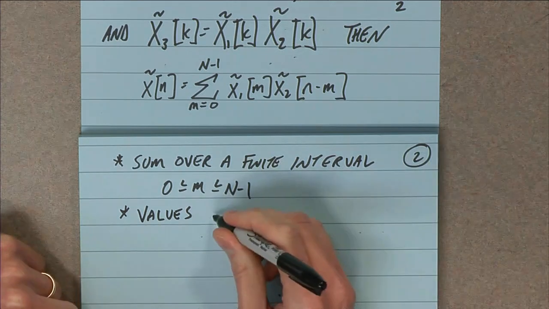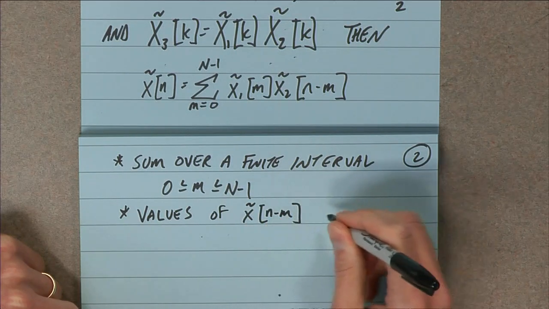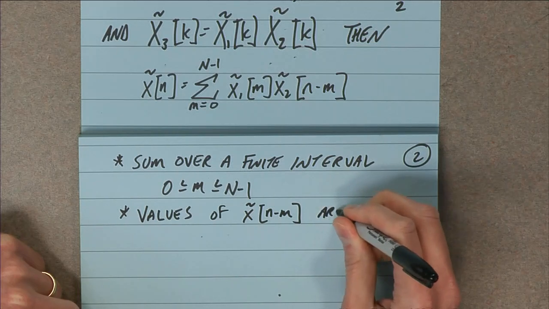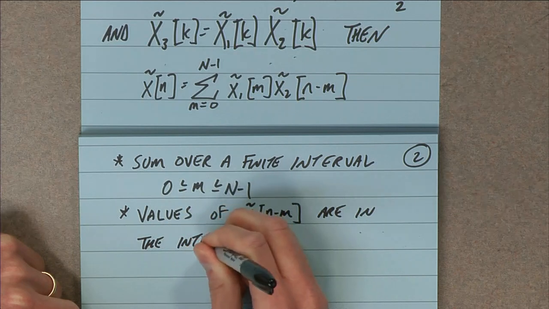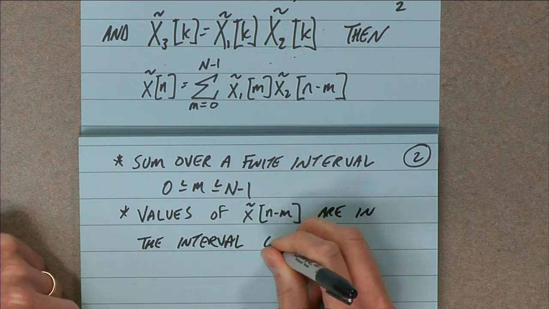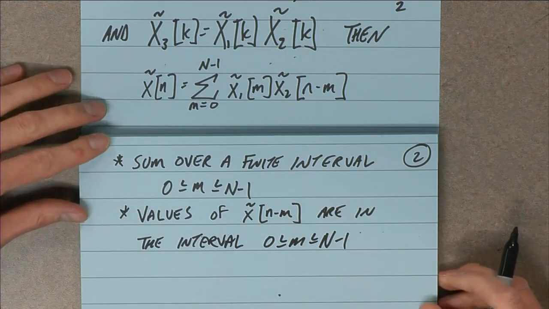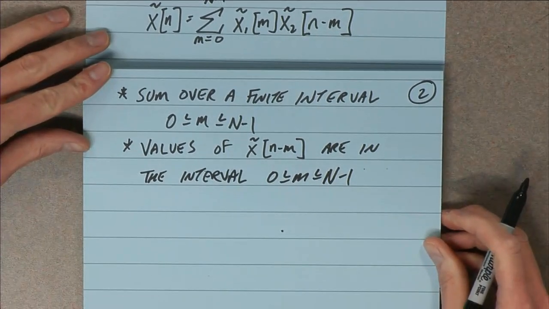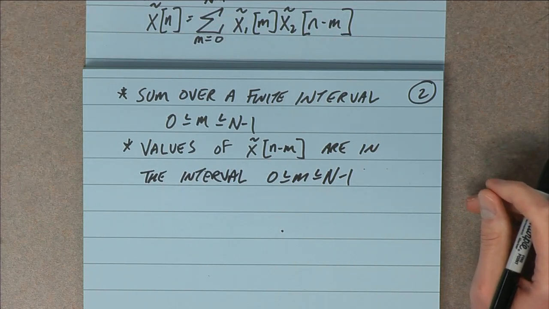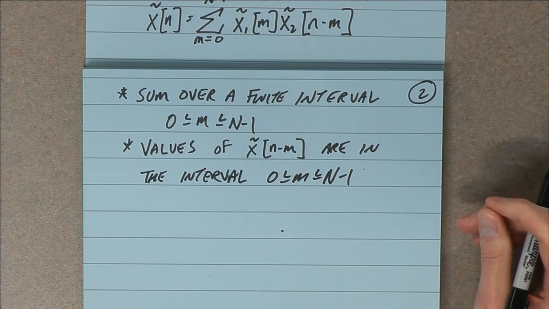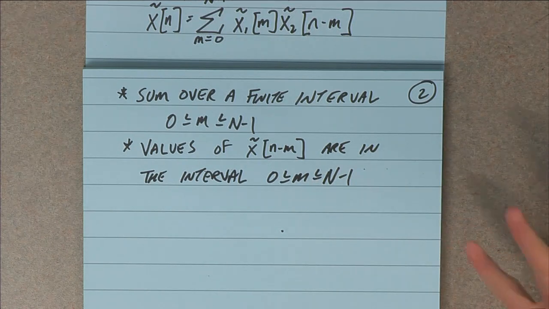But the values of x tilde of n minus m are in the interval 0 to N minus 1. And that is basically a reminder of last time when we talked about, well, what is x of minus m in the context of these periodic sequences? And remember, we had to interpret that index of minus m in the context of modulo N arithmetic.